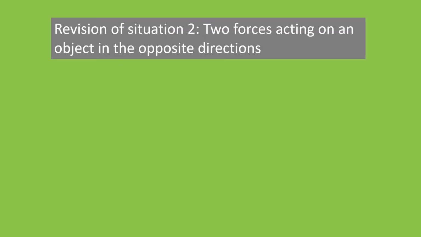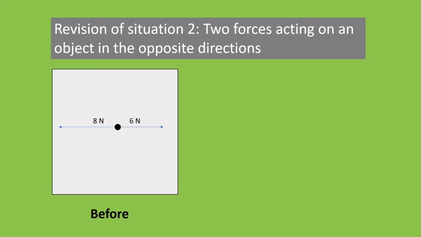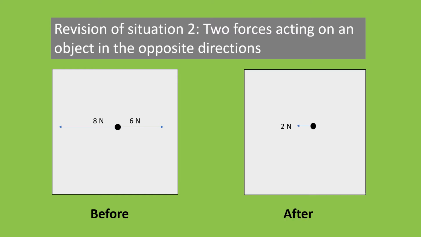Now let's do a very quick revision of situation 2, where two forces are acting on an object in opposite directions. Just now you have an 8 Newton force acting to the left and another 6 Newton force acting to the right. So the resultant force is just 2 Newton to the left, because 8 minus 6 is equal to 2.